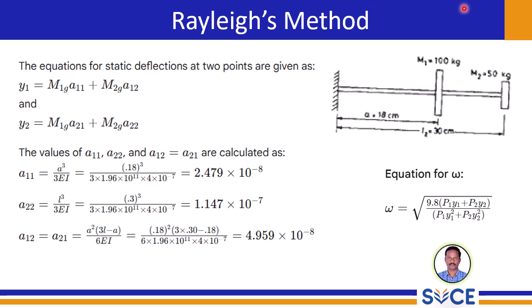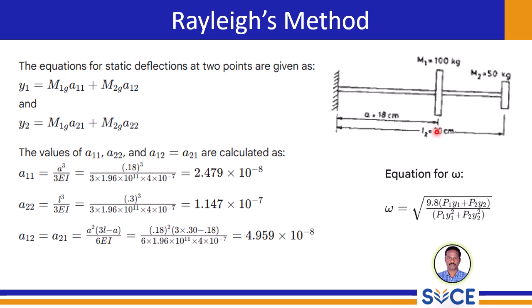The value of these influence coefficients depends upon the material property, that is modulus of elasticity E, and the moment of inertia I of the shaft's cross section, and the location of the masses, which is going to be represented using A11, A22.